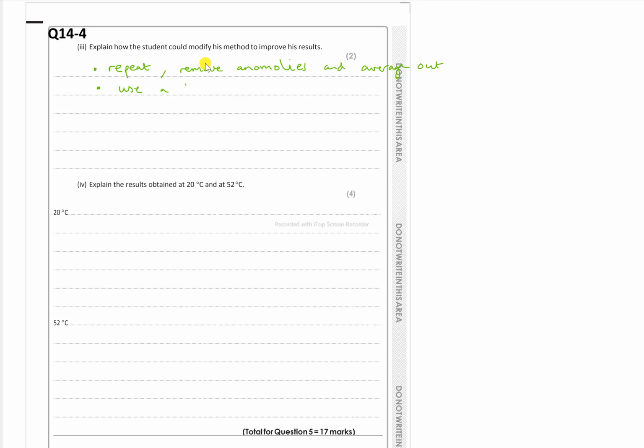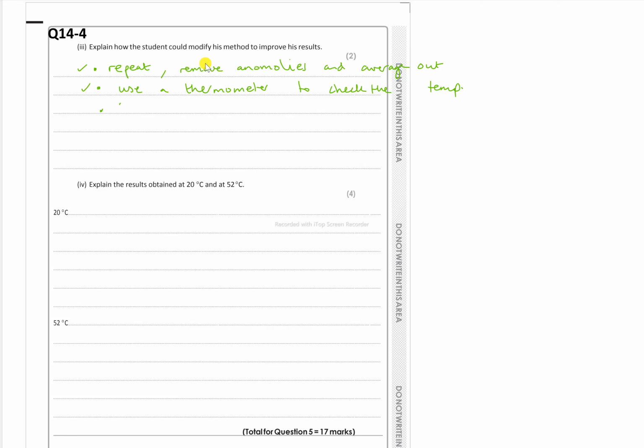Use a thermometer to check the temperature. You could also use any one of these, so that would get you 2 marks. So you use the equipment and explain why you're using it.